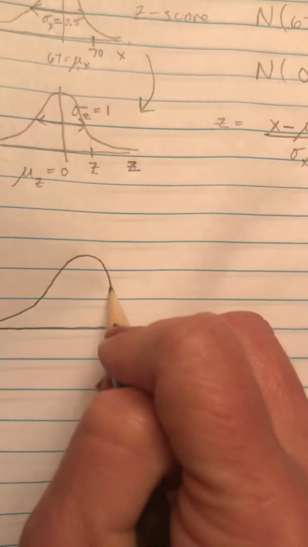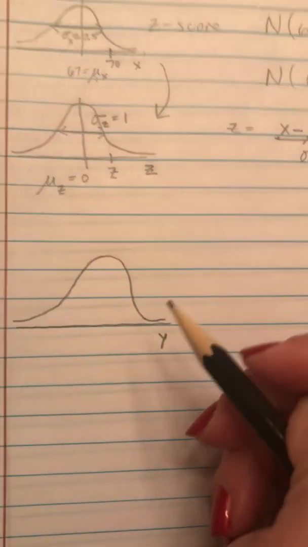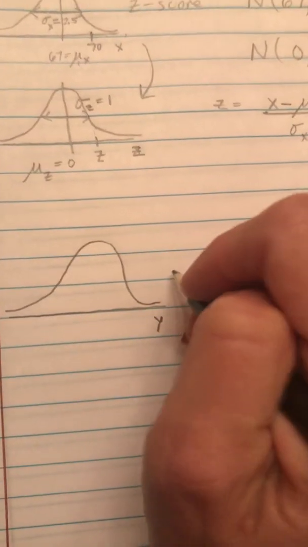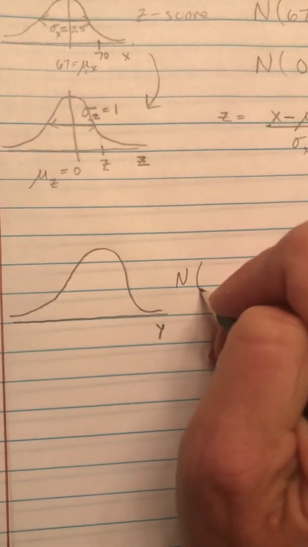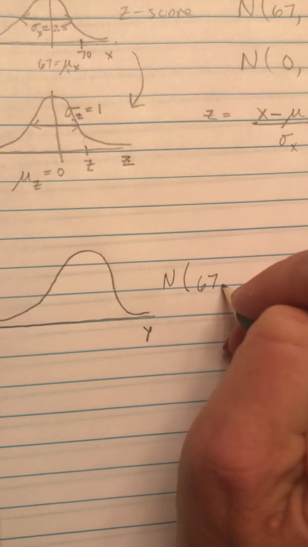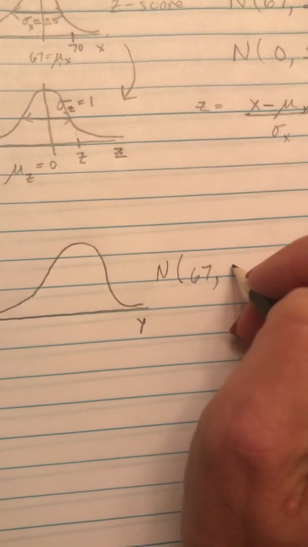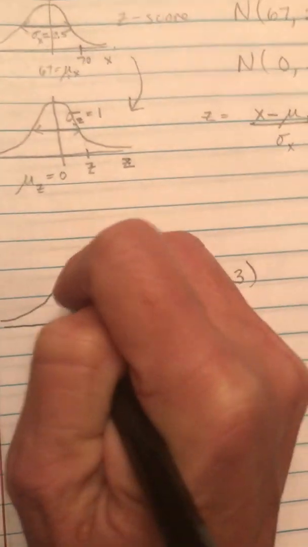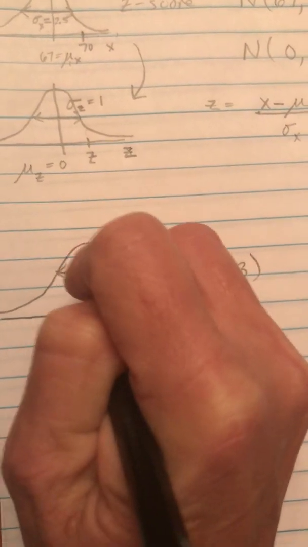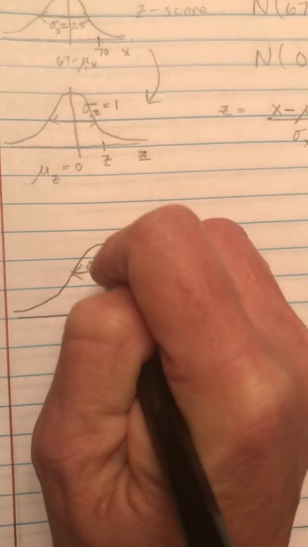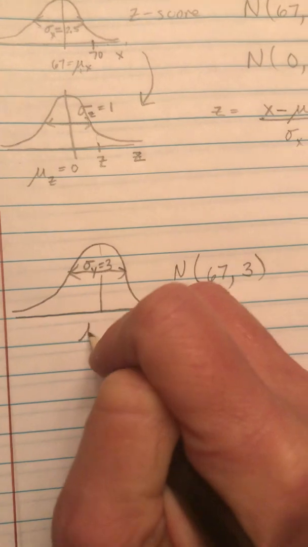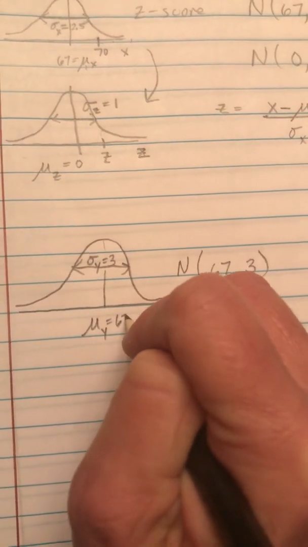I'm going to take Bob's distribution, or his class's distribution, sorry, all their grades, we'll call them Y, and that's in the sociology class. This is a normal distribution with center of 67, but the standard deviation was a little larger. So standard deviation of all the Y's is 3, and that center of all the Y's is also 67.